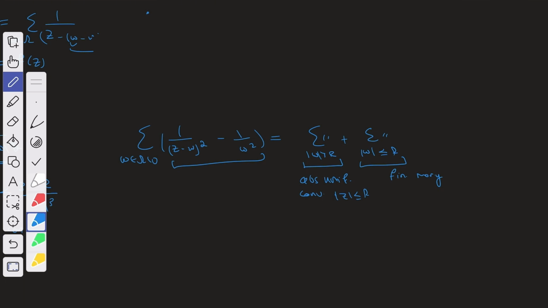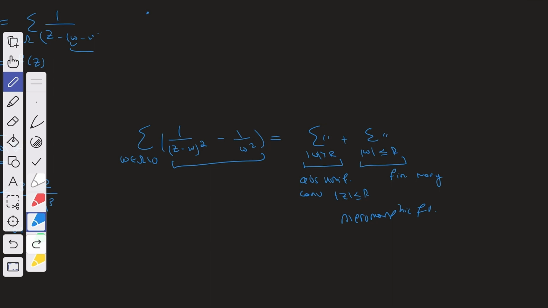But these are finitely many, and thus we get a meromorphic function. And not only do we get a meromorphic function, we also get absolute convergence of the tail, which allows us to do rearrangements as we wish.